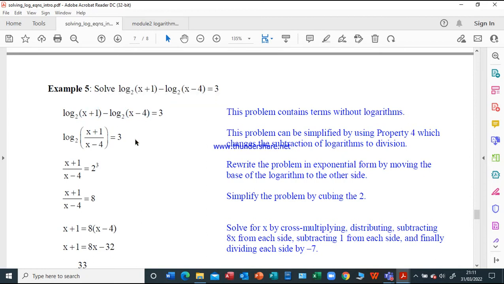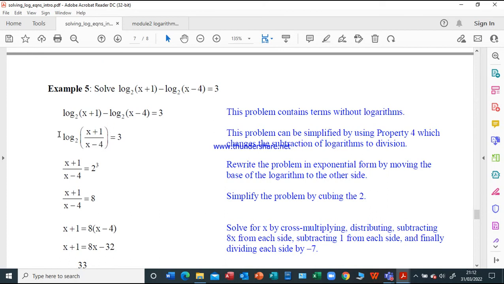So you combine. So this log base 2 of x plus 1 minus log base 2 of x minus 4 means it's log base 2 of x plus 1 over x minus 4.